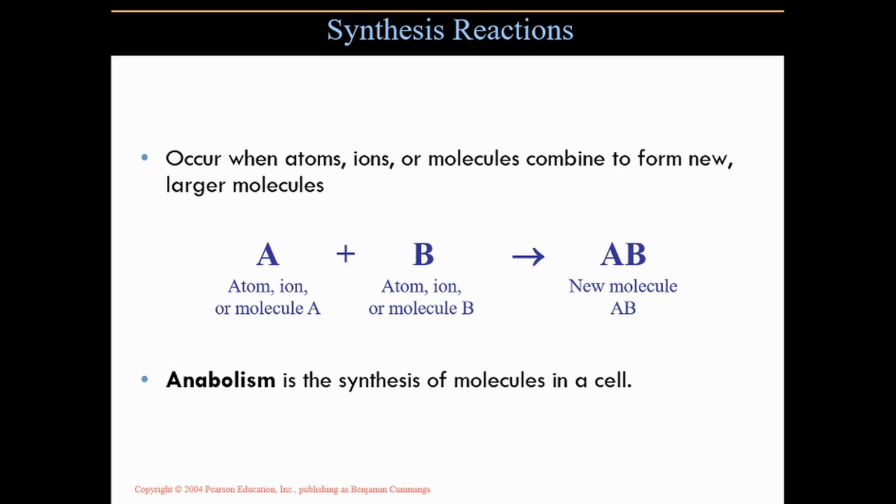So anabolic reactions are synthetic reactions where two smaller constituents are joined together to make a larger product. That's an anabolic reaction where things are built up, like say our body builds up carbohydrates, or say glycogen, for example. It's going to take smaller constituents like glucose and other simple sugars, join them together to make a larger carbohydrate. That's an anabolic reaction.